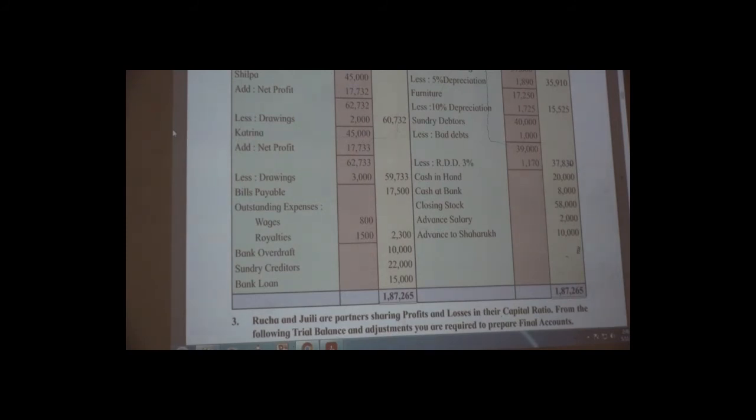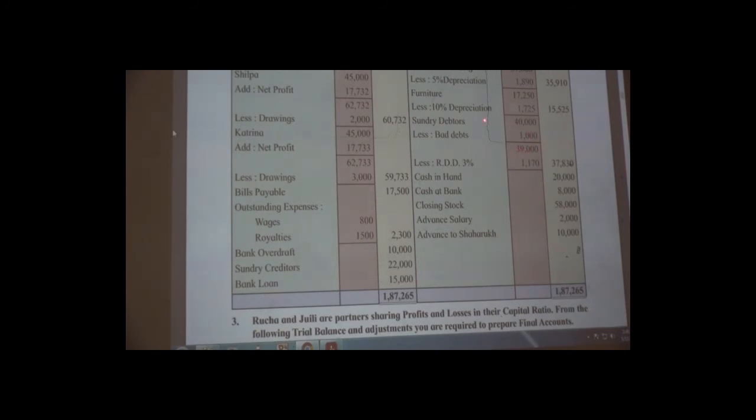So new bad debts are always deducted from debtors. So come to our balance sheet. See, on the asset side, our item is given there, that is sundry debtors rupees 40,000. Now in adjustment, new bad debts are there, rupees 1000. So deduct that amount, that is, less bad debts rupees 1000. 40,000 minus 1000, net amount is 39,000.